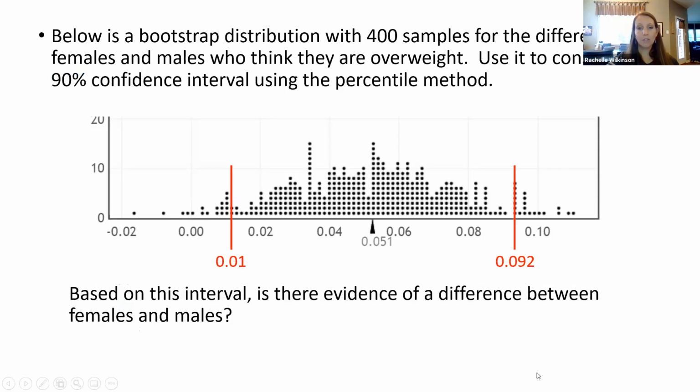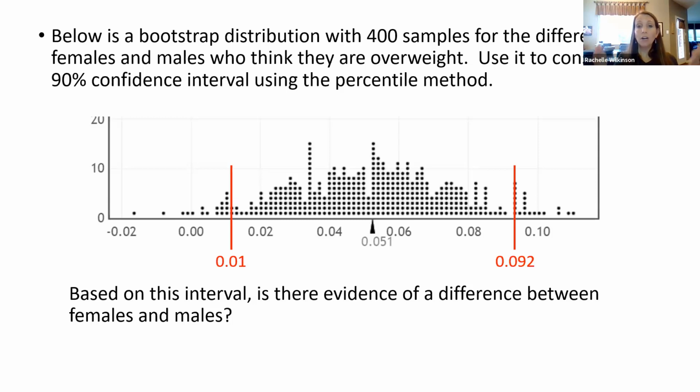Now, one last question. Based on this interval, or any of the other intervals that we've calculated today, is there evidence of a difference between females and males? Well, let's think about this. If there is no difference between females and males, then the difference would be 0, right?